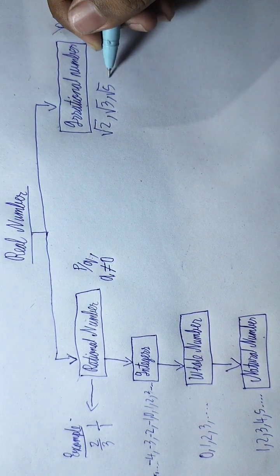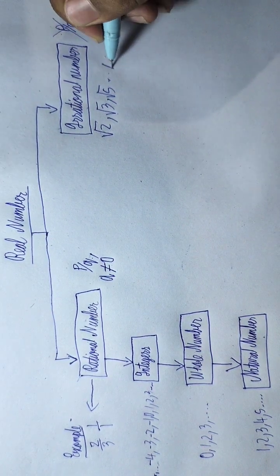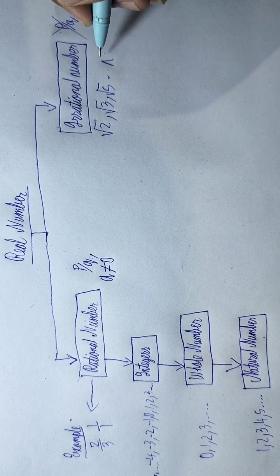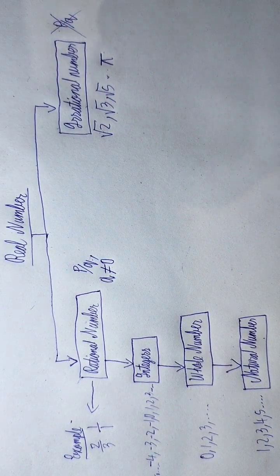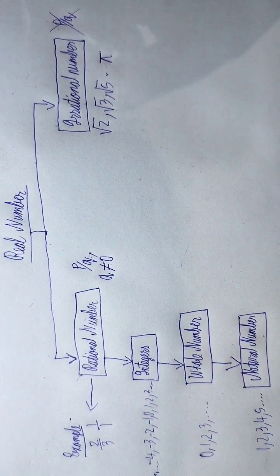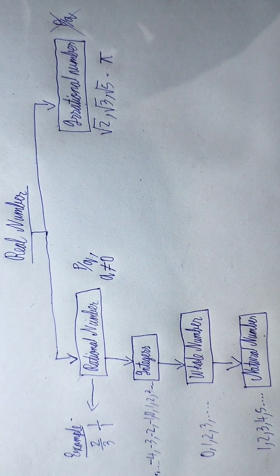Then do you know the value of pi? We have introduced pi in class 8. We know that pi is an irrational number, but here comes an interesting thing: we know that the value of pi is 22 by 7.